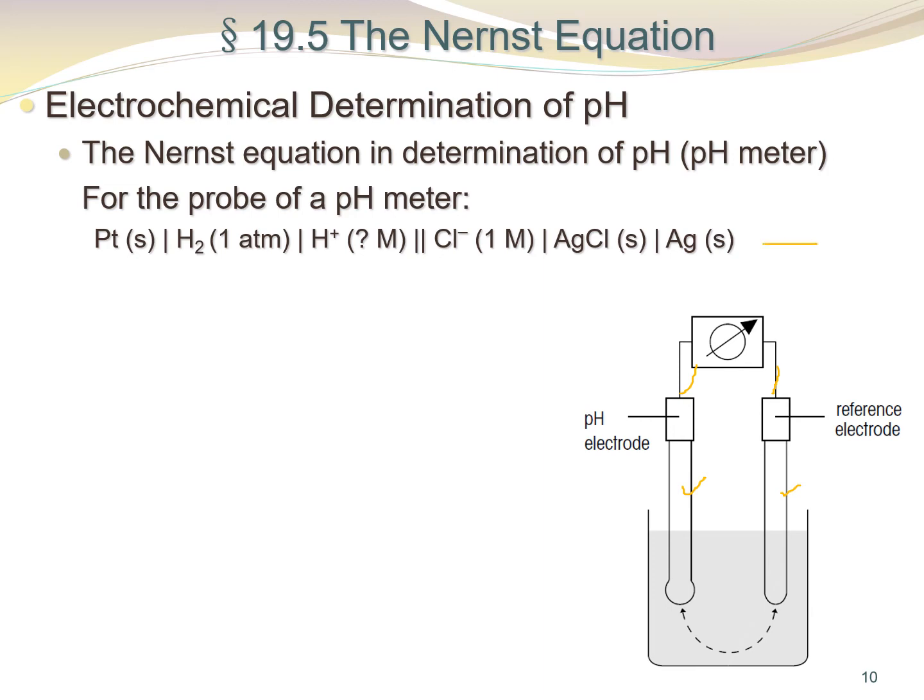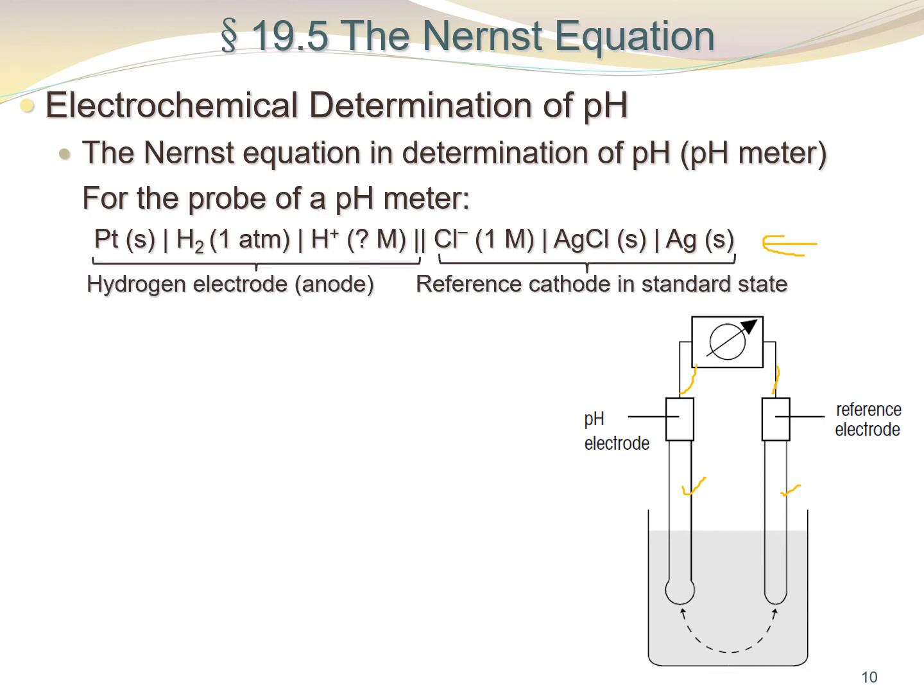This is an example of the cell setup for us to measure the pH. As you understand, this is a hydrogen electrode that is the anode, and this is a reference electrode. We call it the reference cathode because this is on the cathode side.